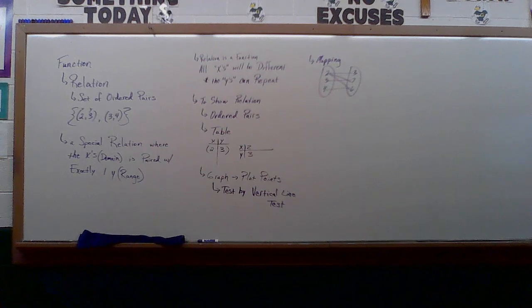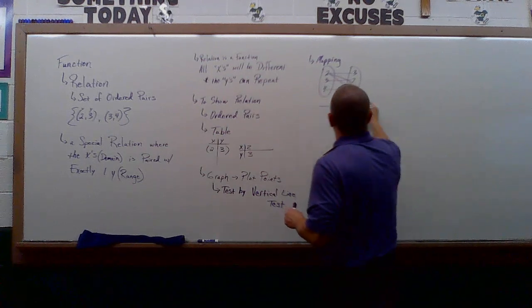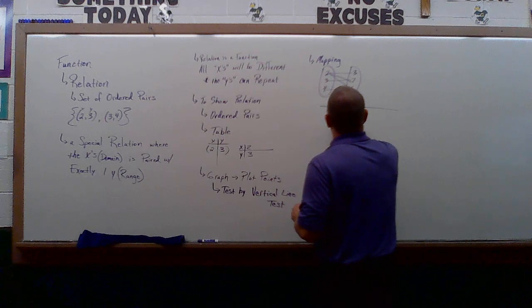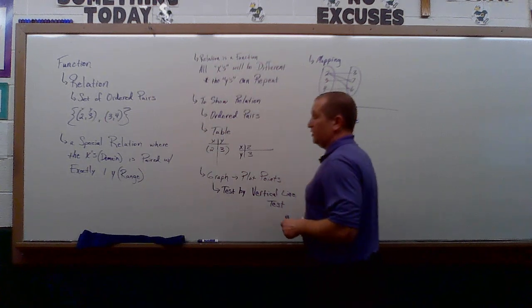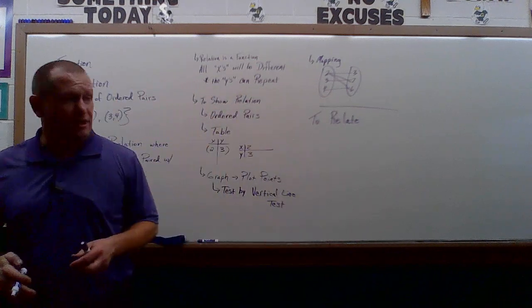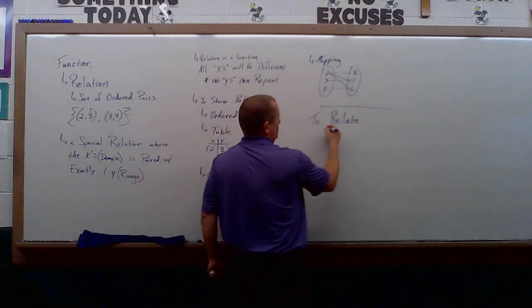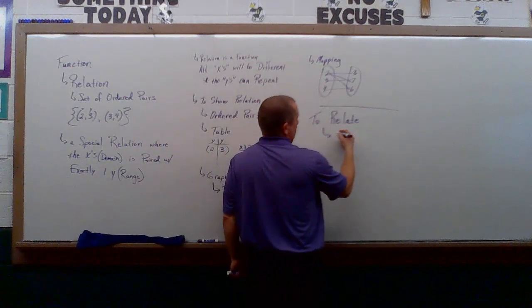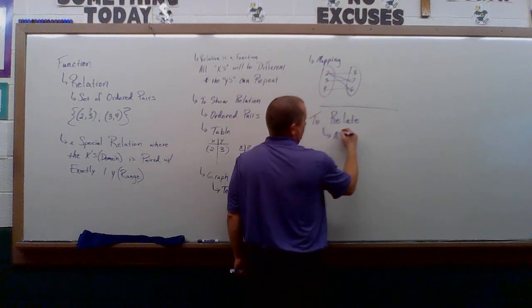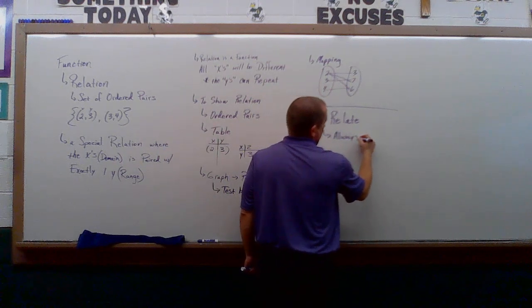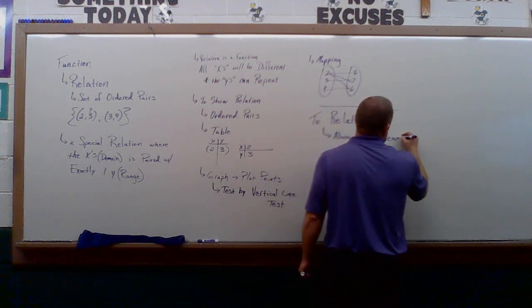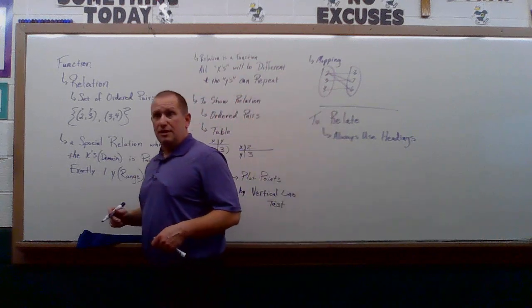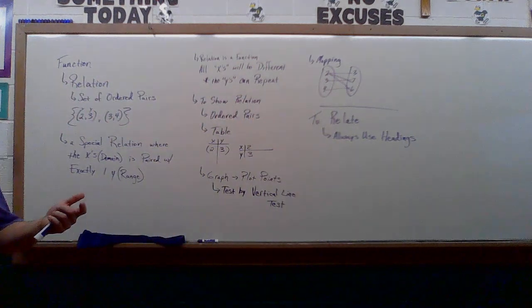To relate this, you're probably not going to do this a whole lot, but maybe you have to for a college class or even another class here. One way I'm going to do this is to always use headings. You should have a heading across the bottom and a heading along the side, and the headings just tell everybody what it means.